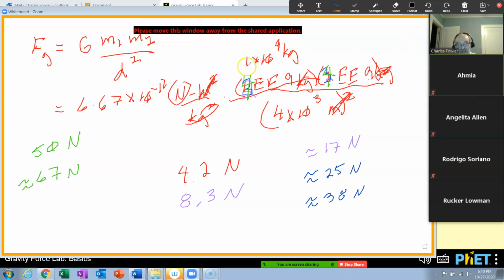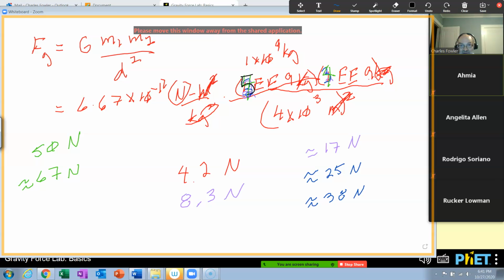Okay, so now we're increasing this to 5. So let me set down my calculator so I can push in a 5 here. This will be a 5 here.